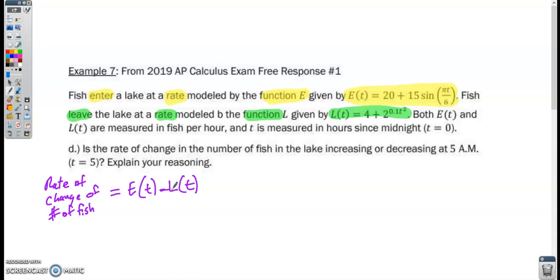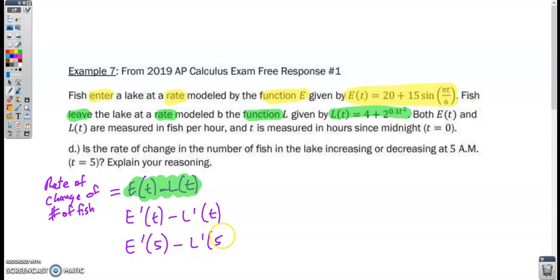So we want the value of the derivative of this function at time 5. Now the derivative of this function is E prime of t minus L prime of t. And so at time 5, we're looking for E prime of 5 minus L prime of 5.